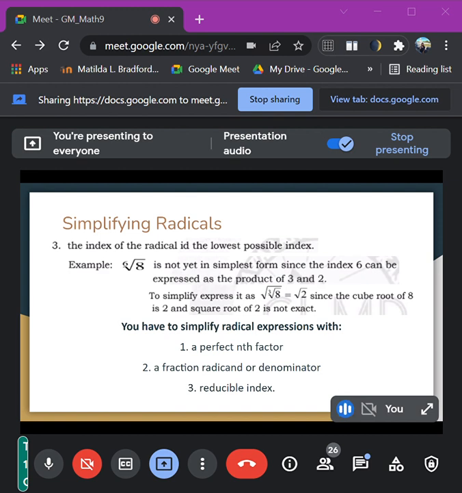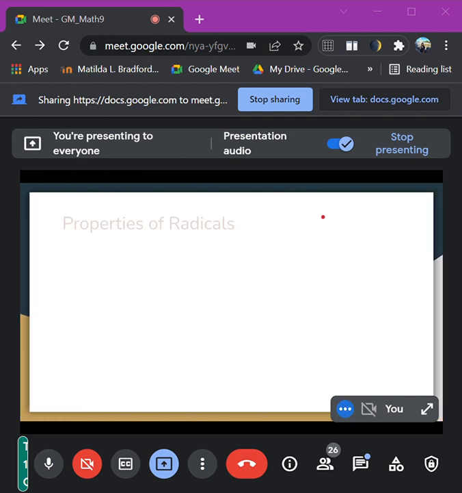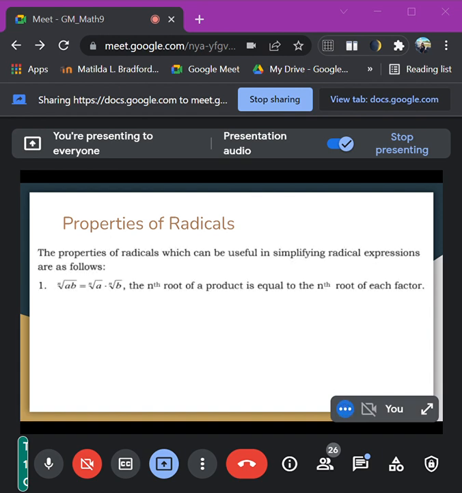Okay. So now class, I'll give you some examples in simplifying. But before that, let's have the properties. If we had the laws earlier, the properties are also very applicable, especially in simplifying. So you have there the properties of our radicals. Actually, this is repetitive, class, it's like a review of our laws.